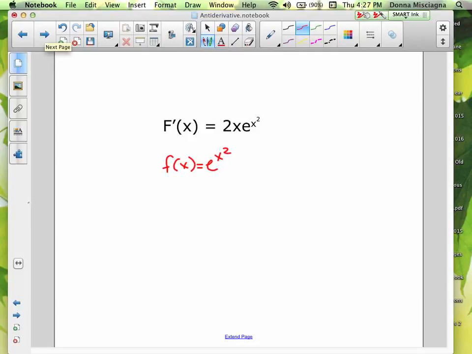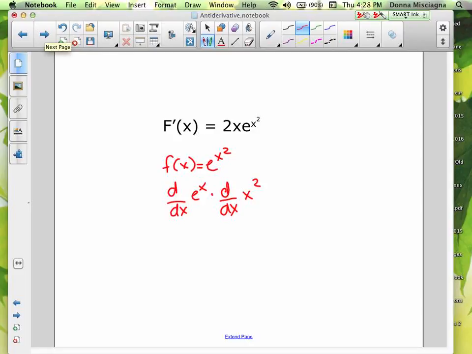Anytime we take the derivative of e to the x, if this exponent here is a function, now we have a chain rule. So we have to take the derivative of e to the x times the derivative of that inside function there of x squared.